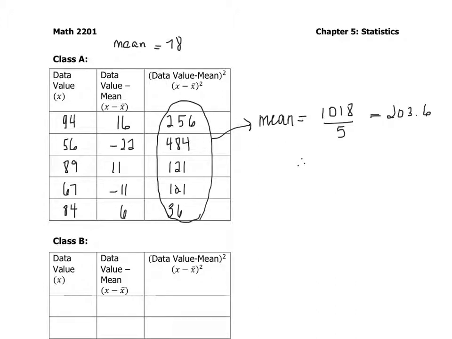So therefore the standard deviation is the square root of 203.6, which is approximately 14.3. For Class B, we had an average from the last page, or mean, of 78.4.